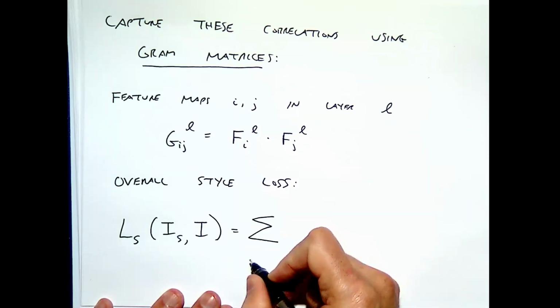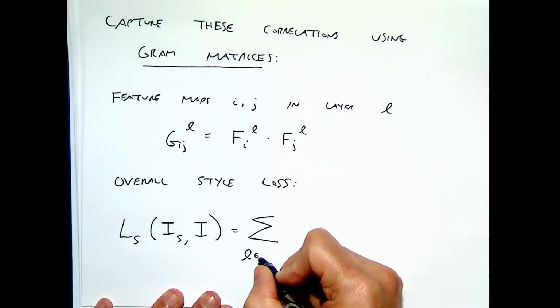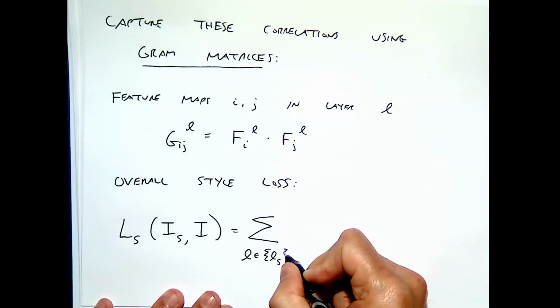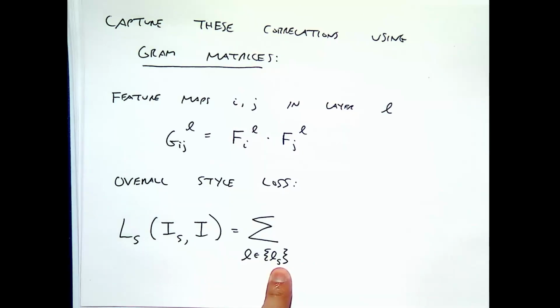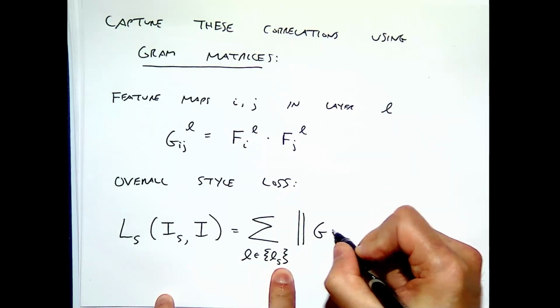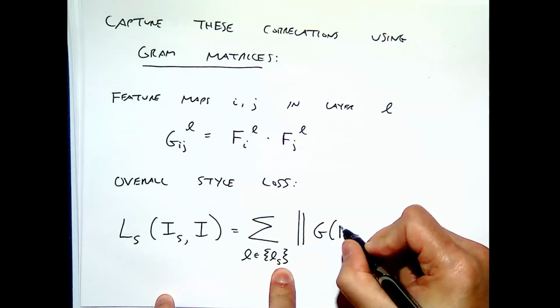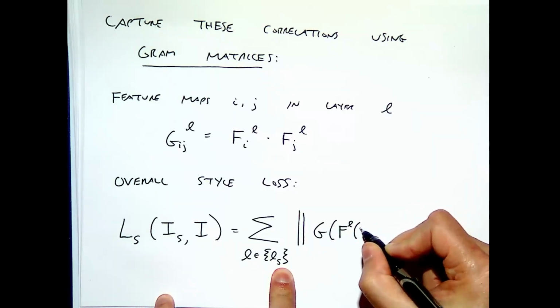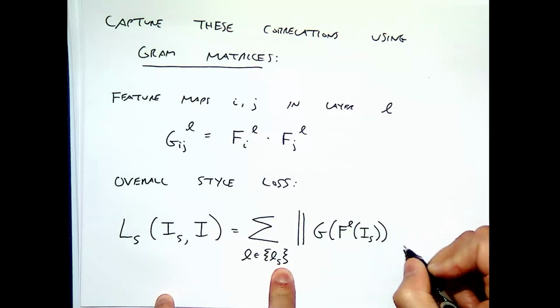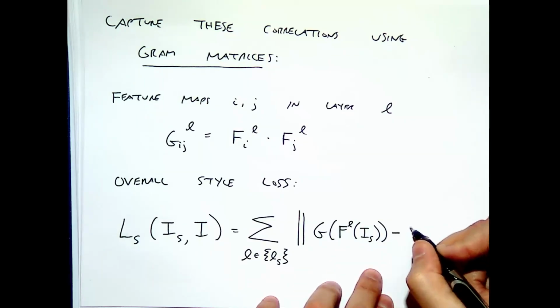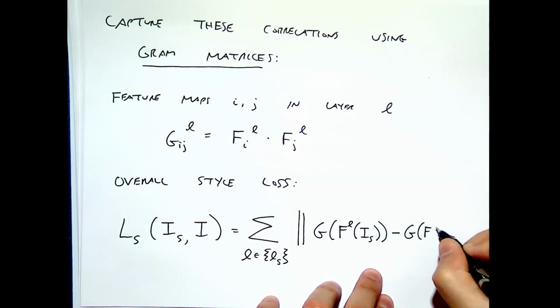Again, I have a sum over the layers that I'm going to use for style. And instead of comparing features directly, I'm comparing the Gram matrix of the features at layer L of the input style and the Gram matrix here.